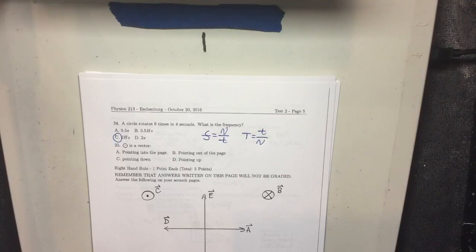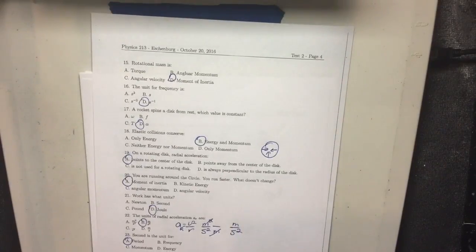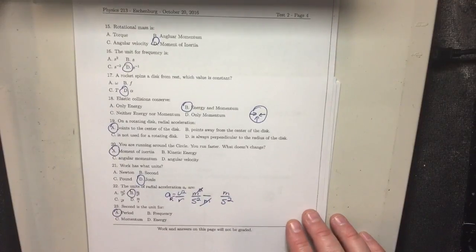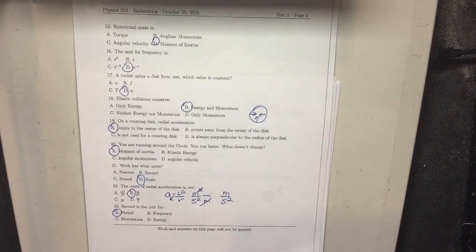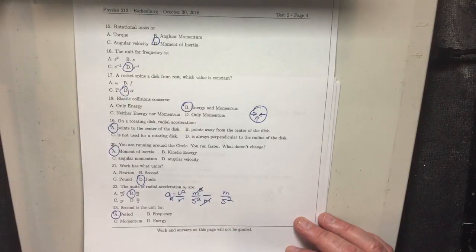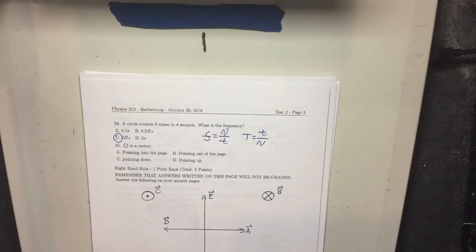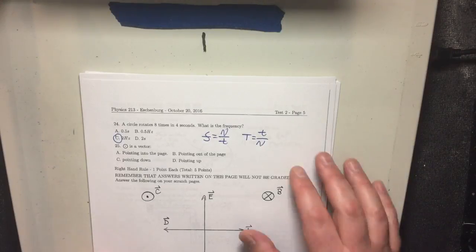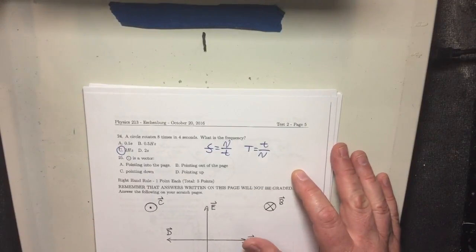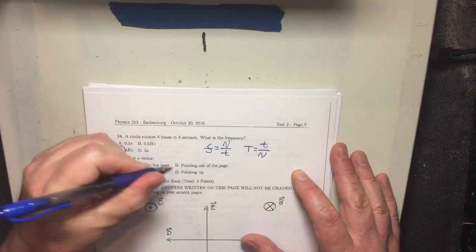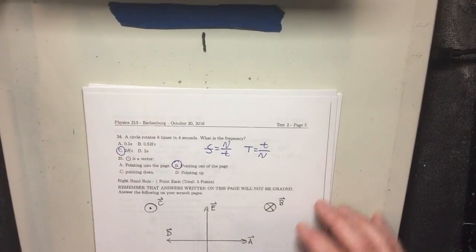Can I go back to the last page? All right. And 25, circle dot is a vector doing what? D, pointing, well, actually B, pointing out of the page.